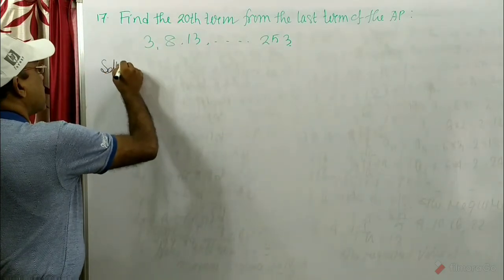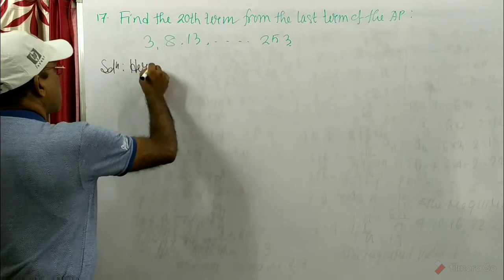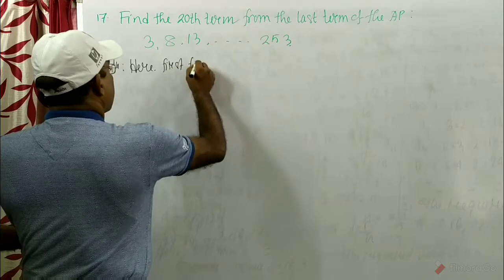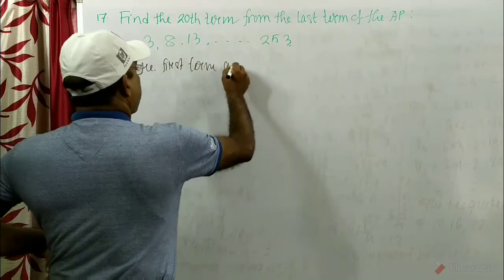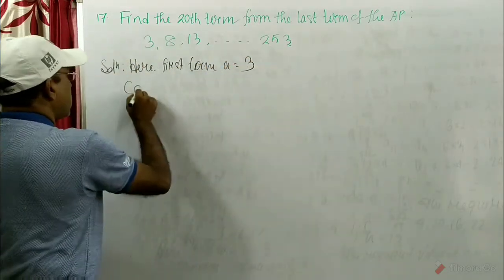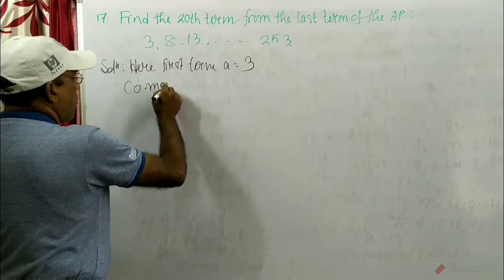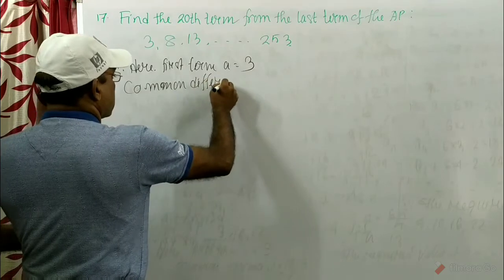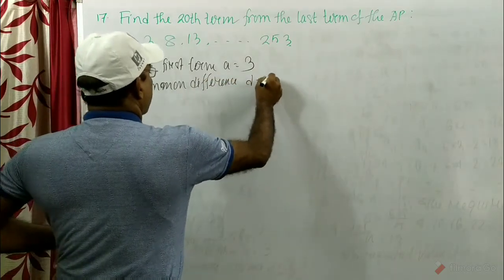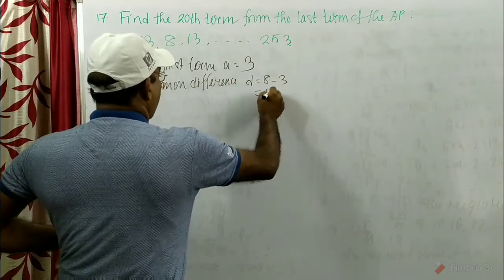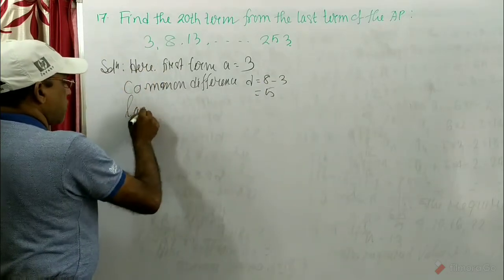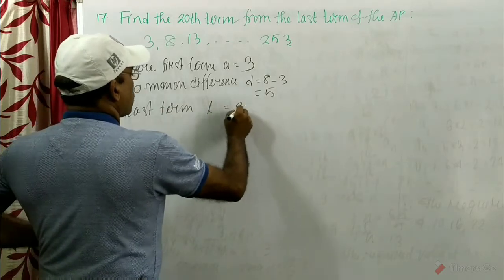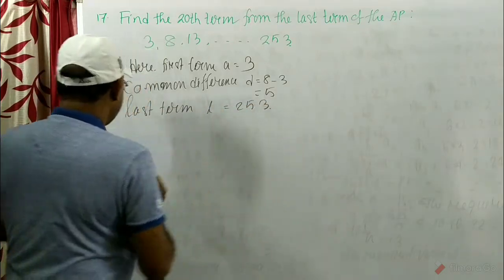Solution: here the first term A equals 3, the common difference D equals 8 minus 3 equals 5, and the last term L equals 253.